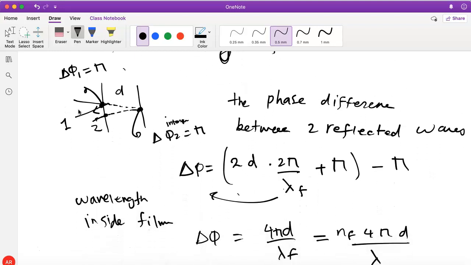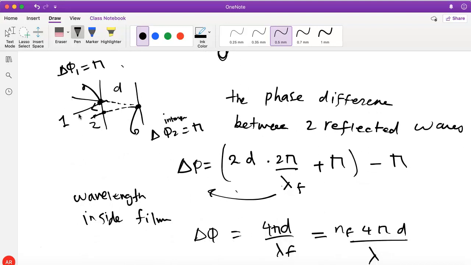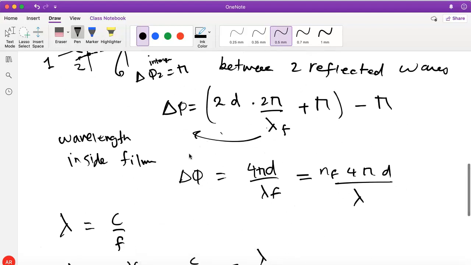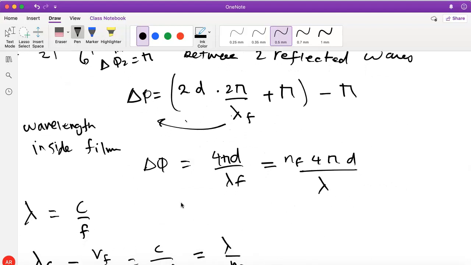And now the interference, of course, happens in vacuum or air, in a medium where the wavelength is lambda. So here we want this to be, let's say, 2m plus 1 times pi, if we want to get destructive interference.